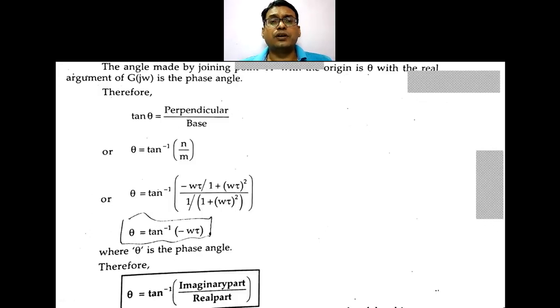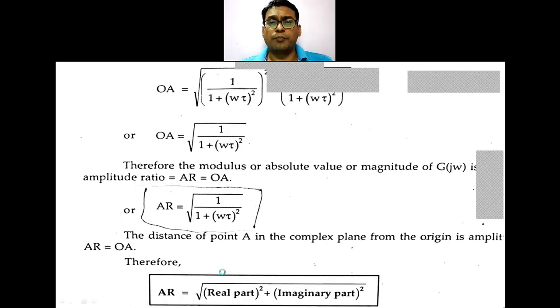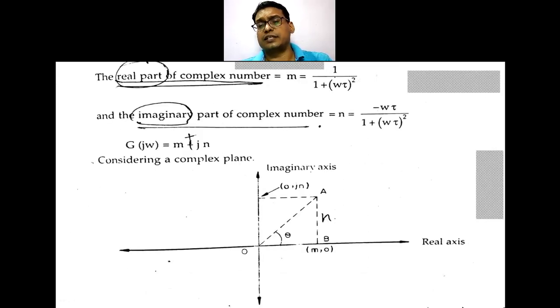Next is your theta. The angle made by joining with the origin is theta, the argument of G of j omega, the transfer function in terms of the complex number. So tan theta is nothing but perpendicular upon base. Coming to the same figure, this is the theta angle that is made with the real axis.